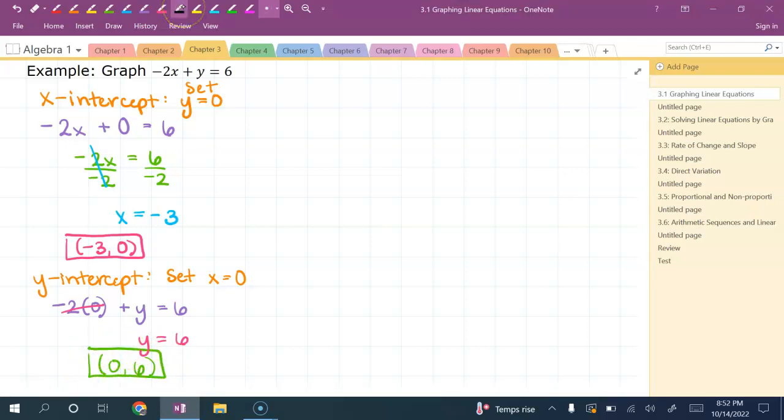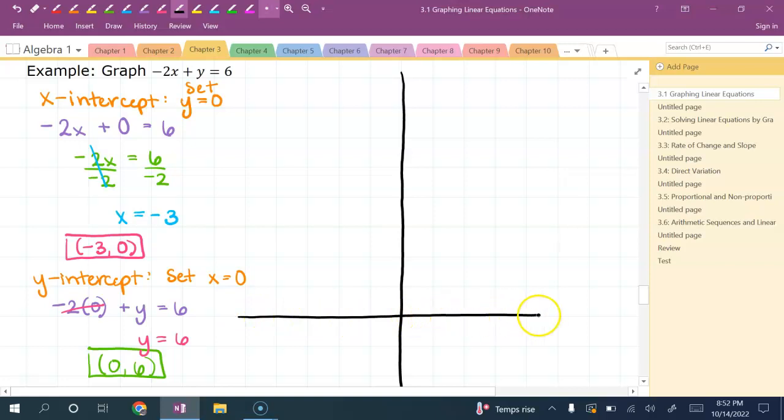So to graph these types of problems, you are going to graph those 2 points that you found. You're going to graph negative 3, 0, which would be going to the left 1, 2, 3, because that's got no y movement, so you're not going up or down at all. And for the y-intercept, you're going to do 0, 6, which means that you're going to go up 1, 2, 3, 4, 5, 6.